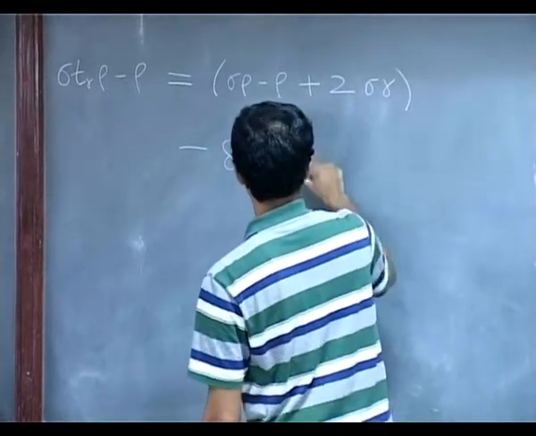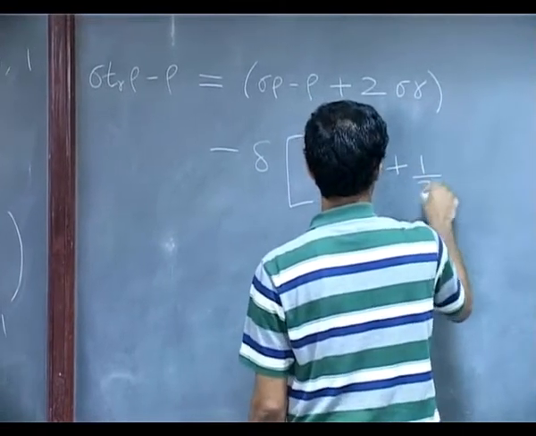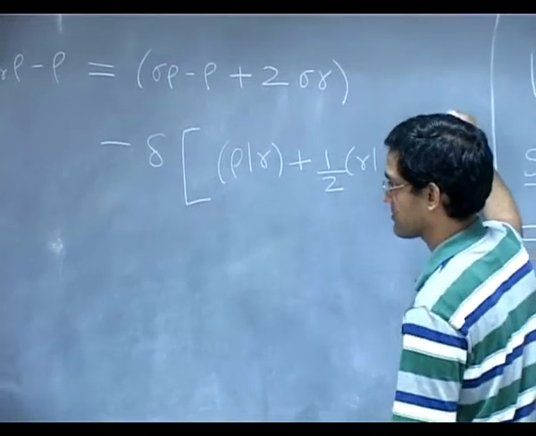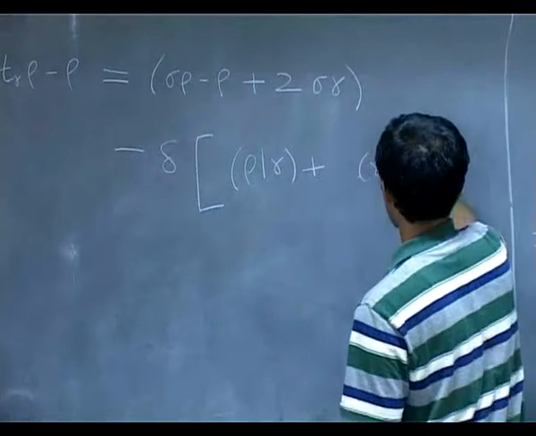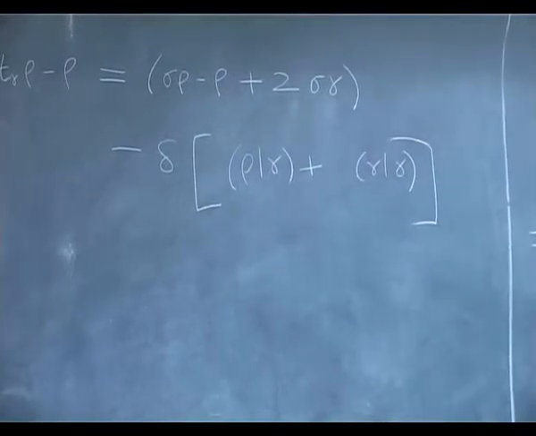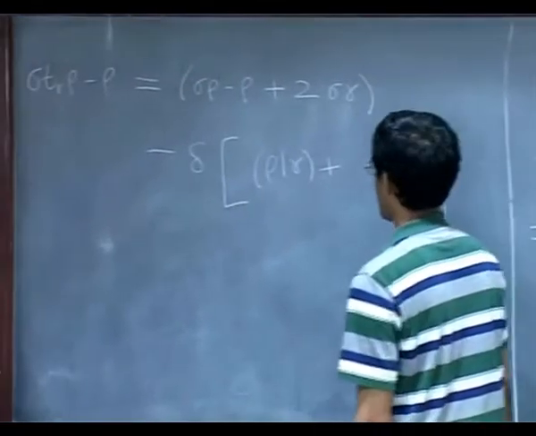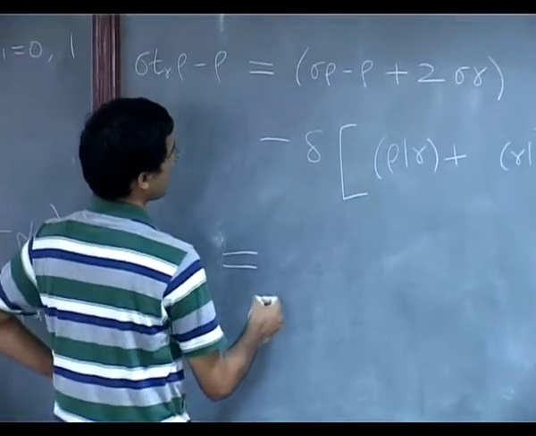So, the first term is linear, plus half gamma gamma. Rho delta is 2, so this goes away. Okay. So, that is my formula for what this does.